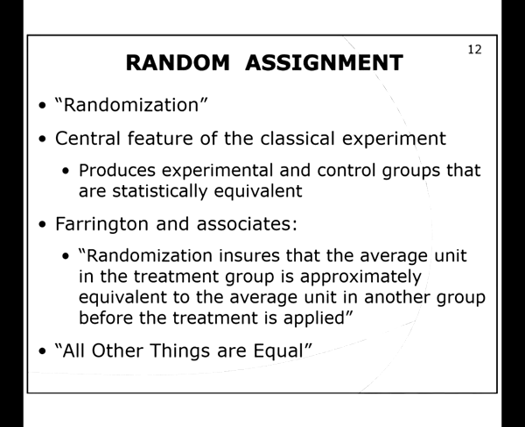This is what really makes the experiment so good at being able to get at that kind of causality, the three criteria that we already talked about: the temporal order, the concomitant variation, as well as being able to rule out the other factors. Since the differences between the control and the experimental group are random, there can be no systematic variations between them.